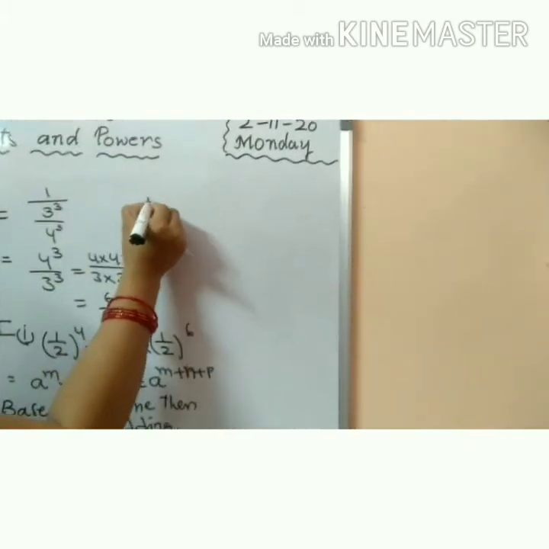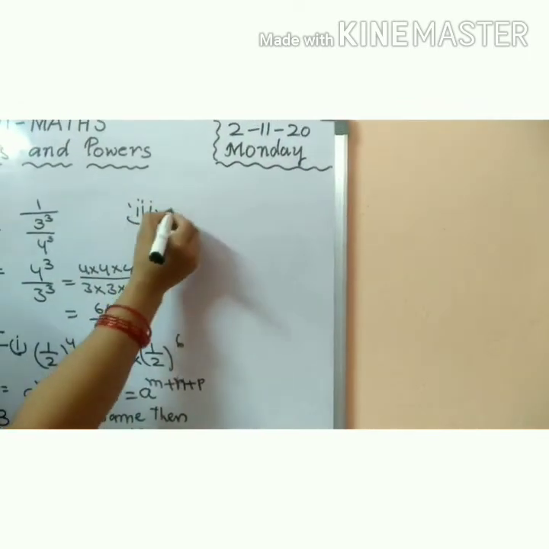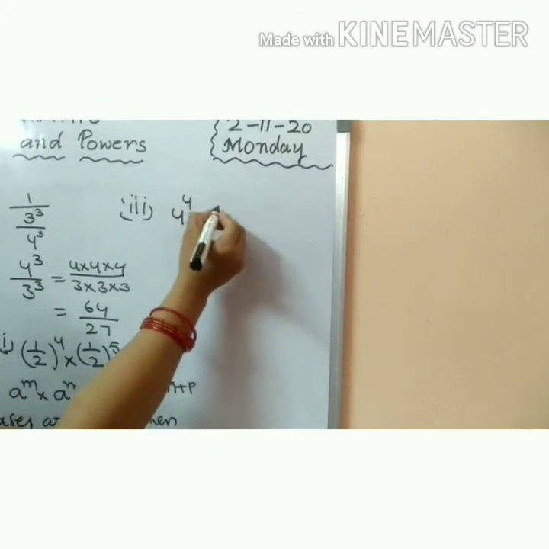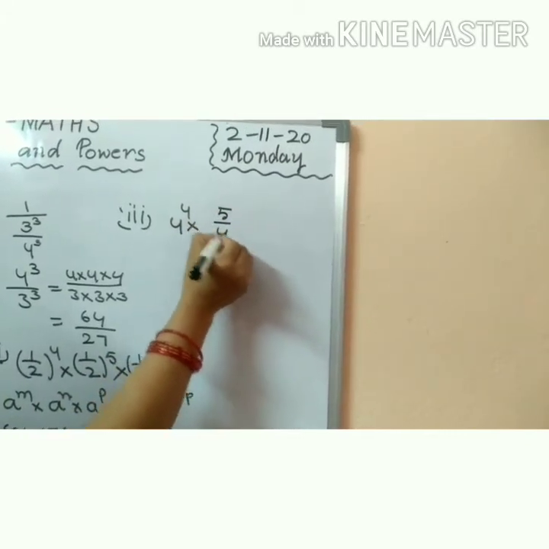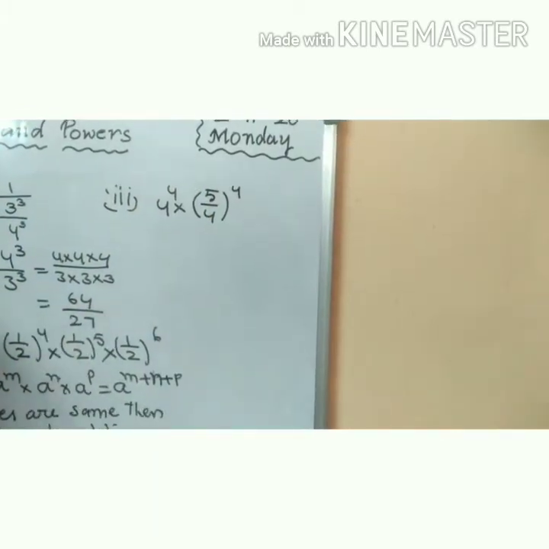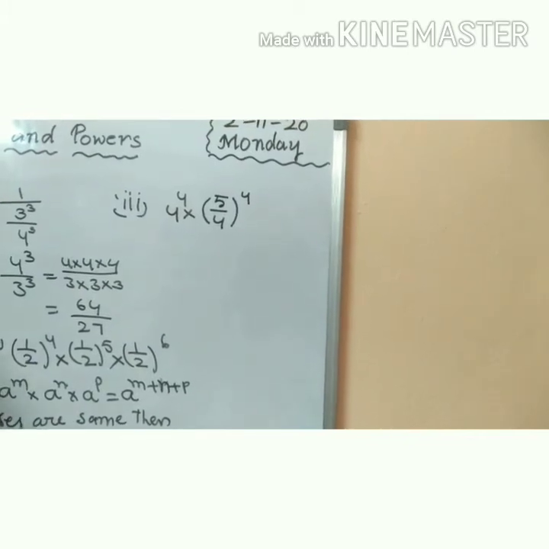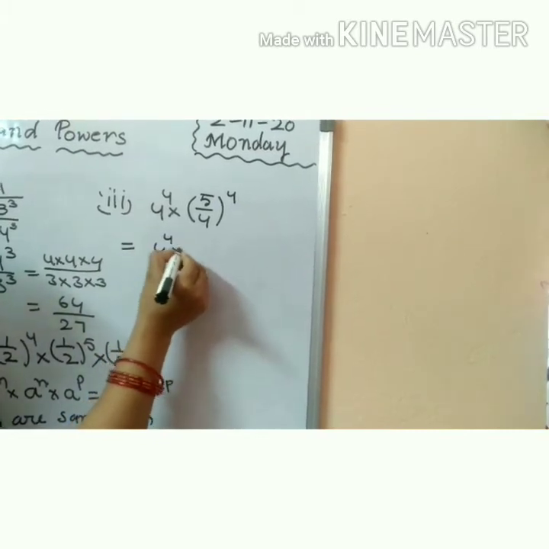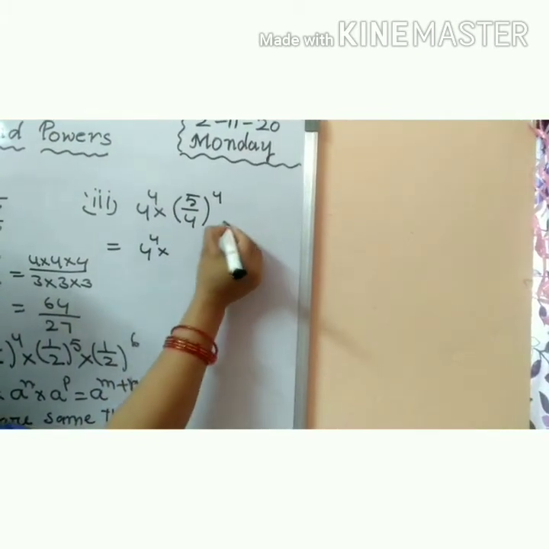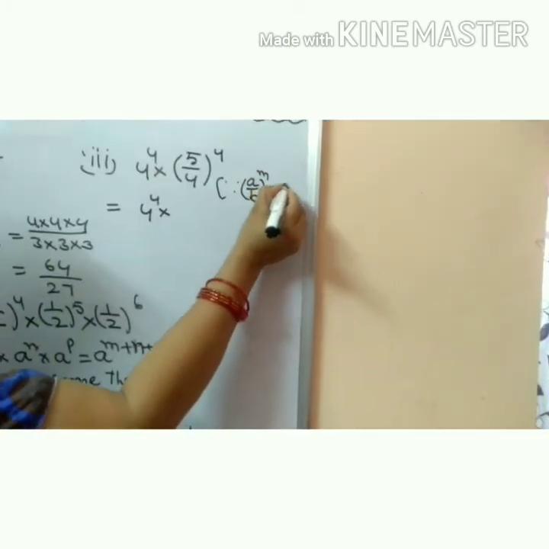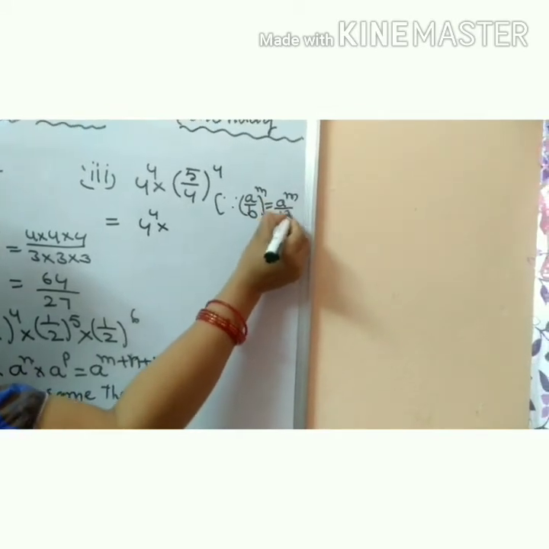The next one, the third problem. Observe it once. Second Roman numeral, third problem: 4 power 4 into 5 by 4 whole power 4. First simplify using the formula a by b whole power m equals a power m by b power m.